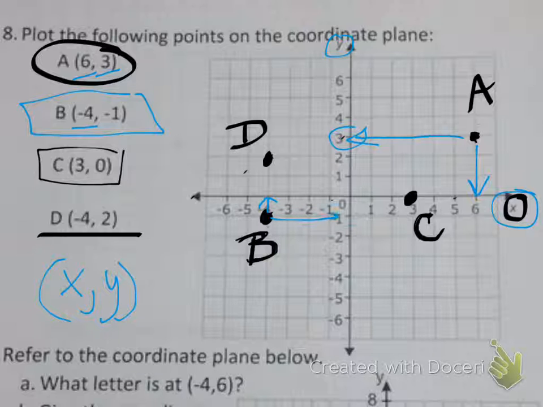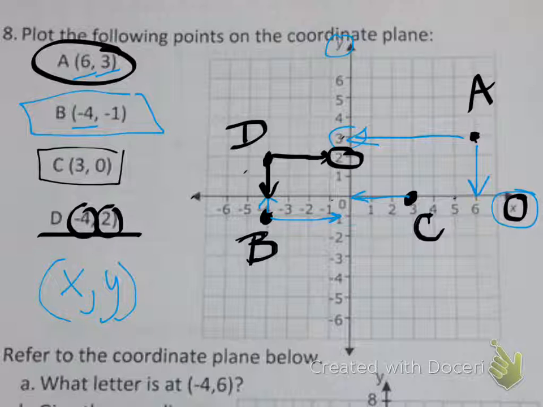And that points over here to a negative 1. When we do C, the X is exactly on the 3, and it points to the 0 on the Y. And then for D, the X goes down to the negative 4, and for Y, it points to the 2. So negative 4, 2.